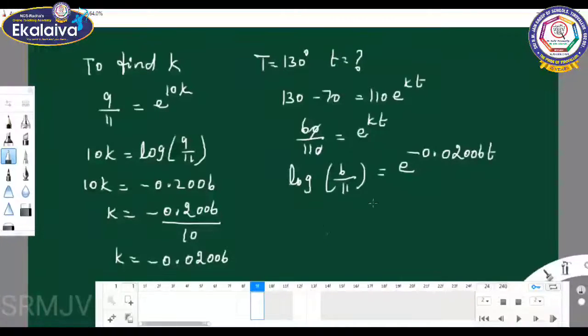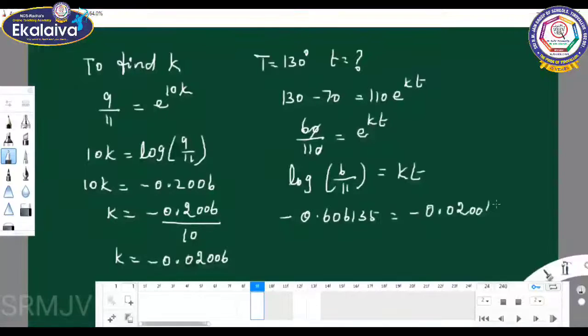When we apply log, that e will cancel, so you will write kt. Log of 6 by 11 equal to kt. The log of 6 by 11 value is given in the question itself: minus 0.6135 equal to minus 0.02006 t.